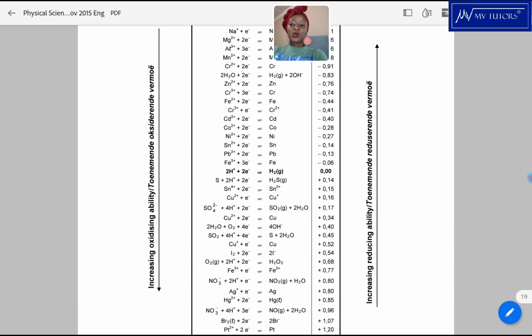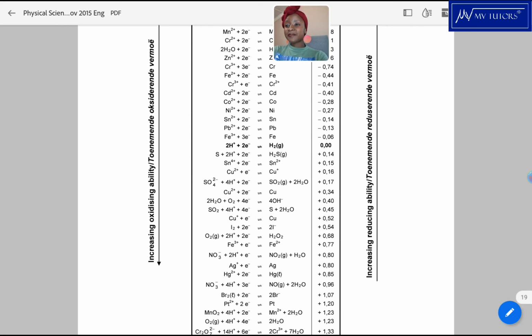As you go down the table, your oxidizing agent is increasing. And if your oxidizing agent is increasing, it means that going down here, your reduction is much stronger.